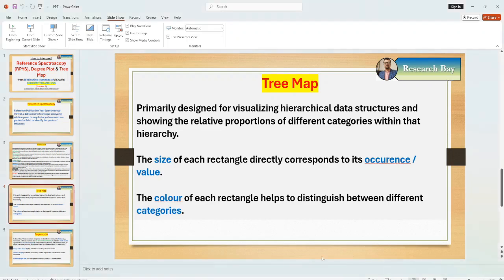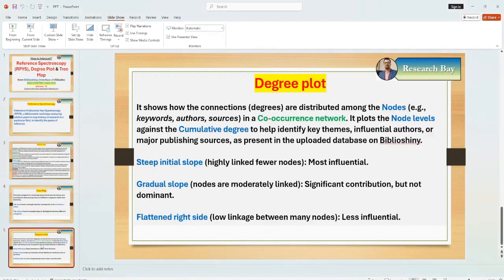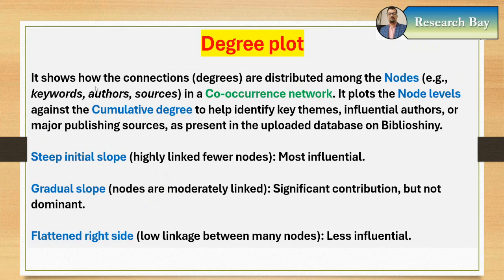Now let us go to the third thing, which is a degree plot. Now what is a degree plot? It shows how the connections, that is degrees, are distributed among the nodes. What are nodes? Keywords, authors or sources in a co-occurrence network. Co-occurrence means how often they occur together, right?